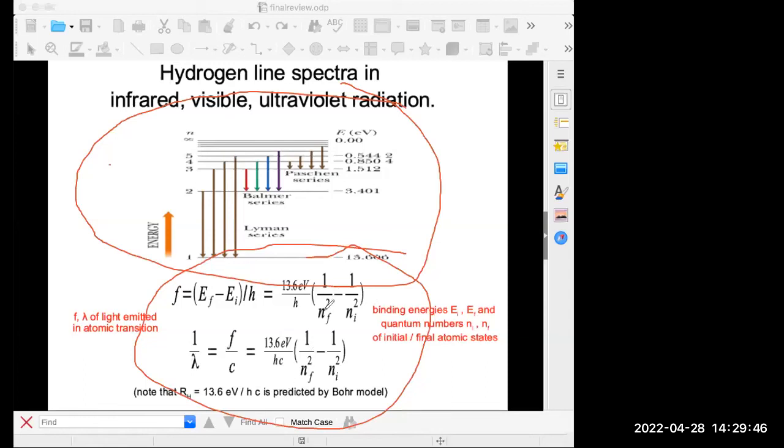Over on the right-hand side are the quantum numbers of the states corresponding to the transition. So a de-excitation from a higher state to a lower state, its principal quantum numbers, or an excitation from a lower lying state to a higher lying state, its quantum numbers. So they're described here.